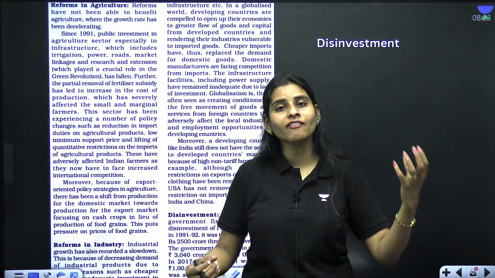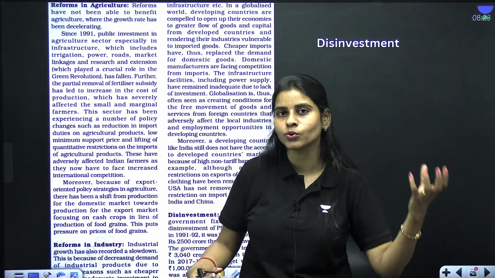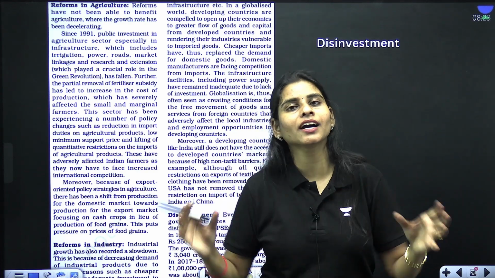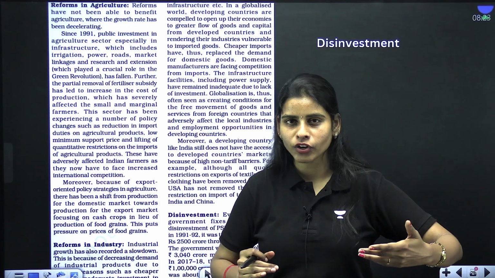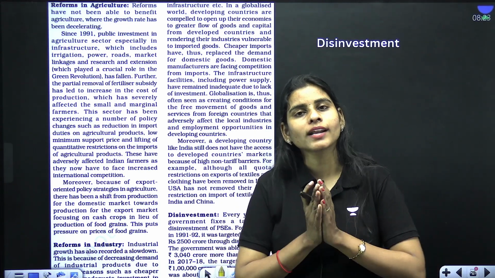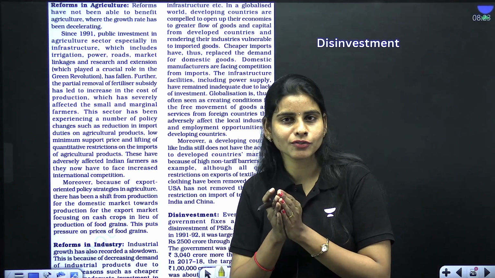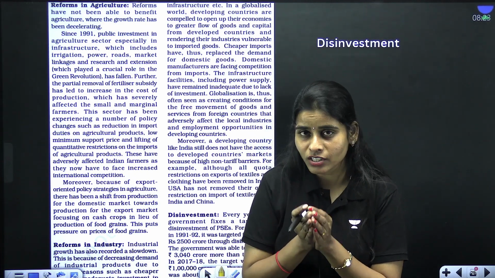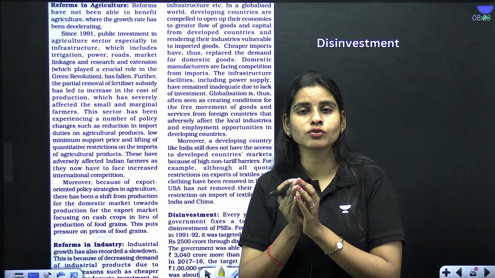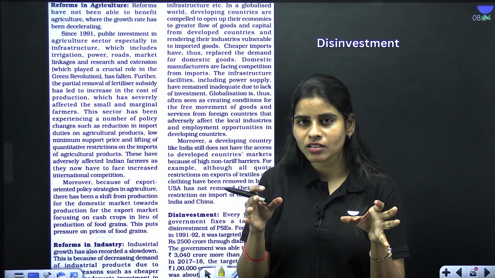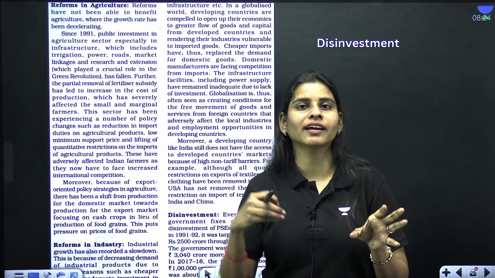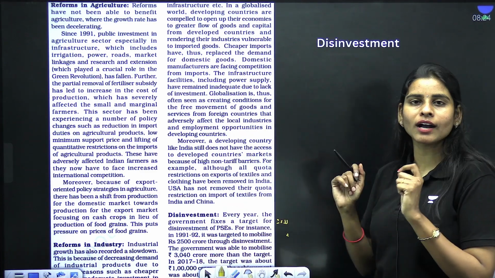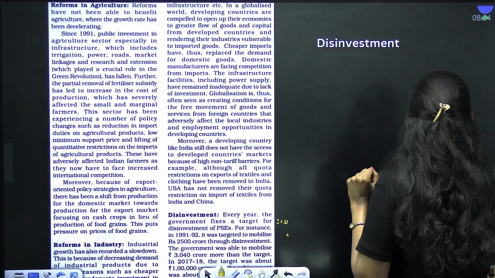And the other thing, when the government is literally not having the money to run it, or if the government wants to generate funds for other kinds of activities, it will go for disinvestment, right? So what happened was that after the 1991 reforms, the amount of money which the government raised through disinvestment was not actually used for development activities, but rather to meet expenditure like repayment of loans and all those things. So this is something that you have to remember about disinvestment.